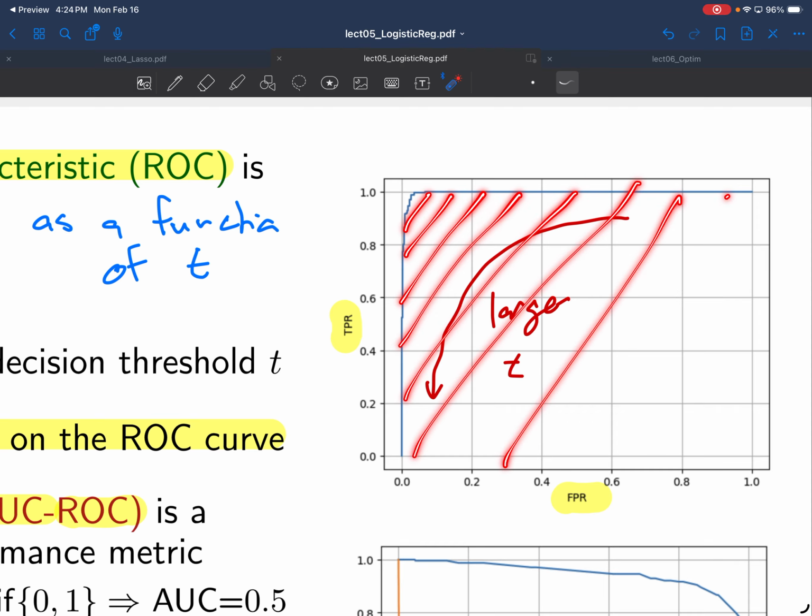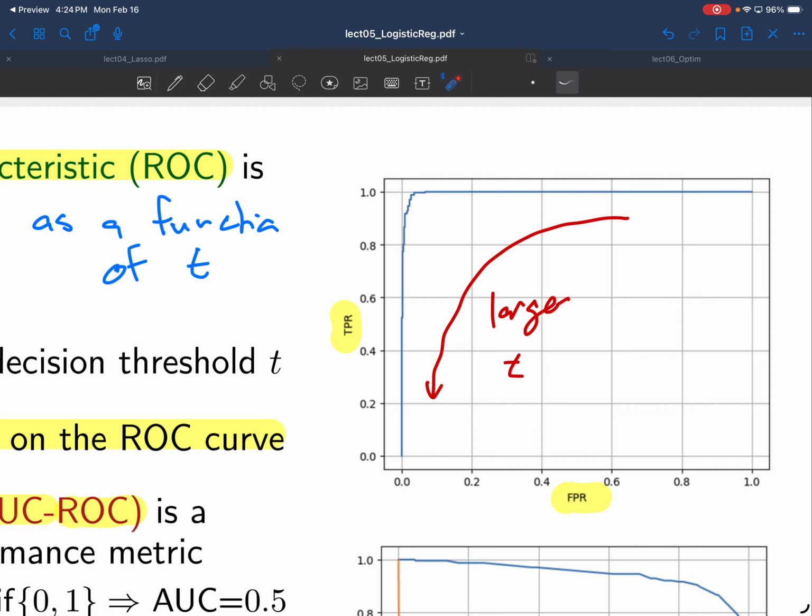And you can see that the best possible system would have a ROC curve that looks like this. So this is like the ideal system. A practical system is going to cut this corner somehow. The harder the problem or the worse the system, the more it gets cut off.